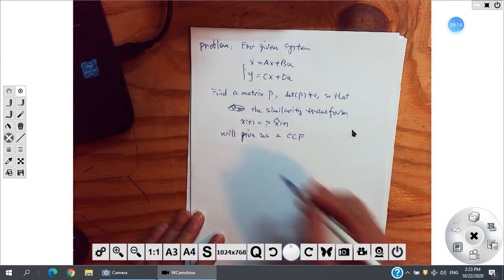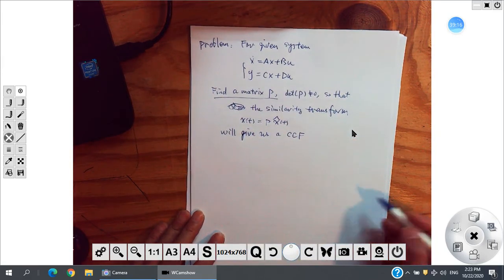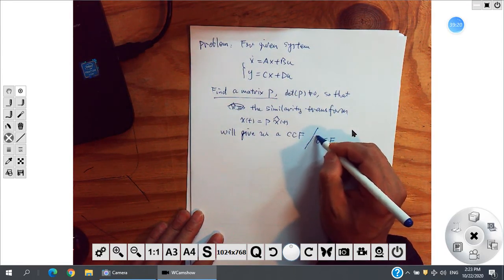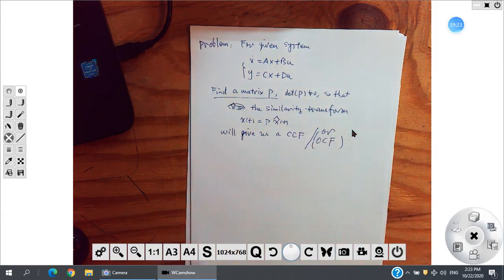Okay, so we want to find this P. Similarly, we can have the same problem for OCF. We need both.